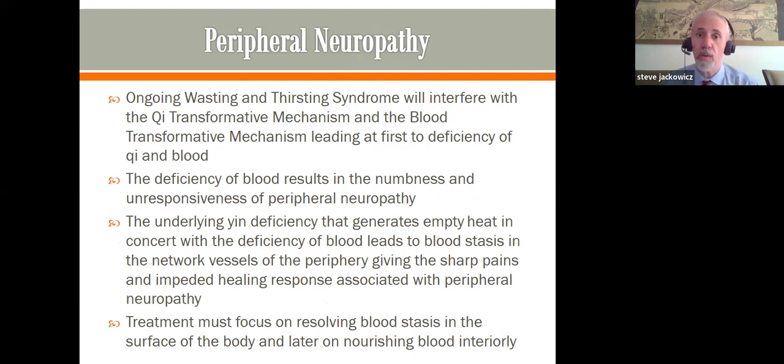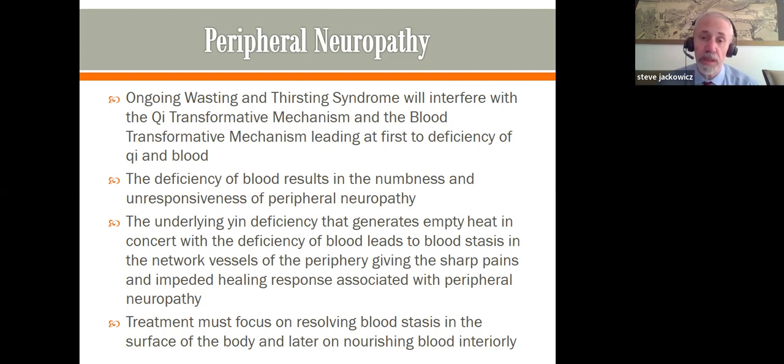So ongoing Xiaoke, wasting and thirsting, interferes with the qi transformative mechanism, how the body makes qi, and the blood transformative mechanism, how you make blood. At first, it leads to a deficiency of qi and blood. That's the first thing. So they get a lot of fatigue.